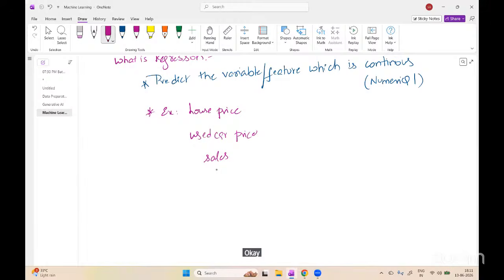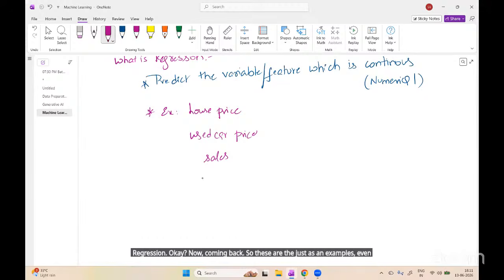What would be these values? Whichever data we are estimating which is numeric, we call that regression. These are just examples.